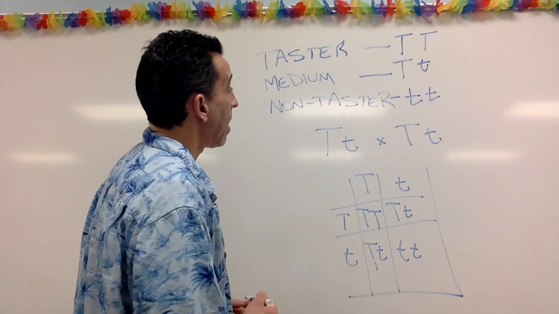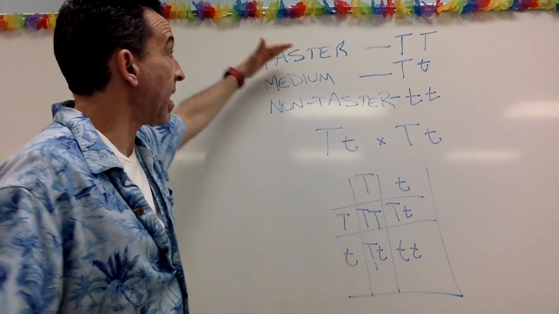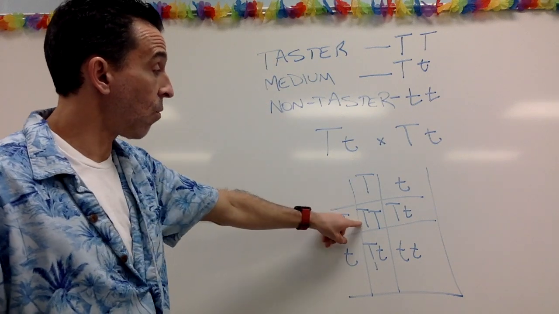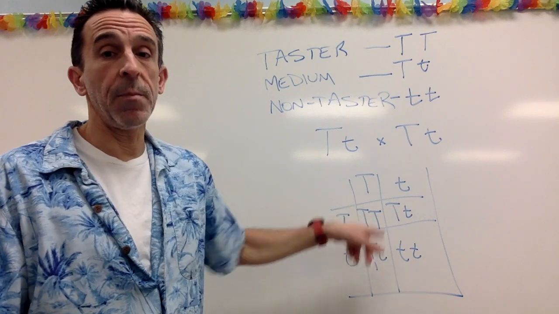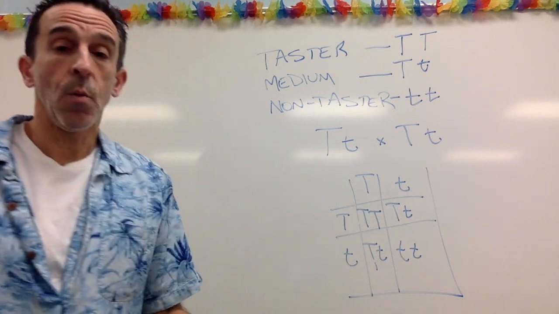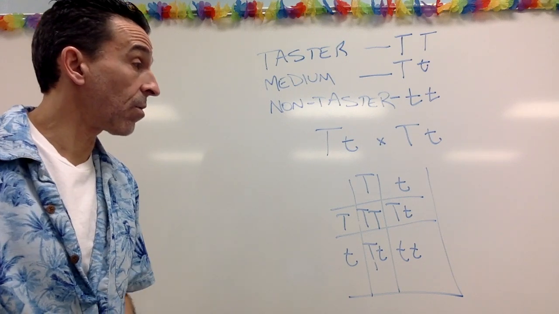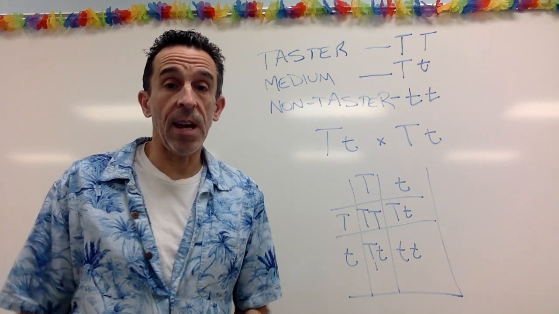And when we look at it in the population, we can break it down further, and we could say 25% of the population will be a super taster, 50% of the population will be a medium taster, and 25% of the population will be non-tasters. So this is, again, for sensitivity to taste.